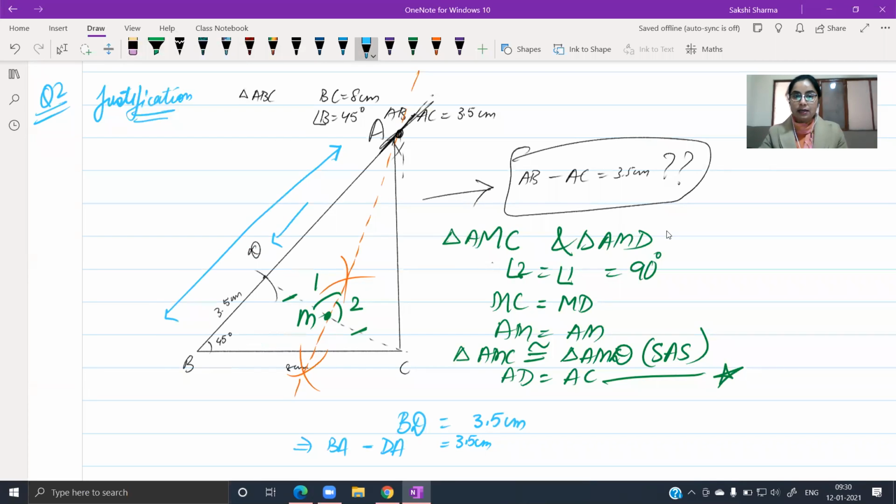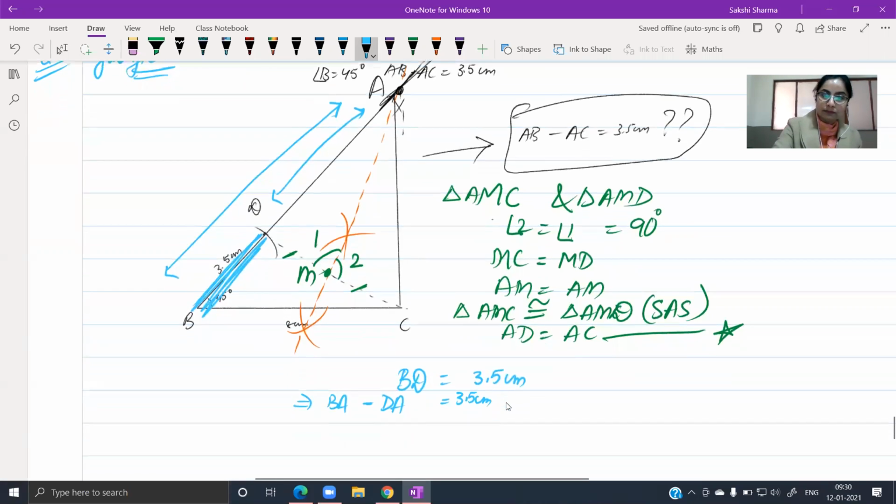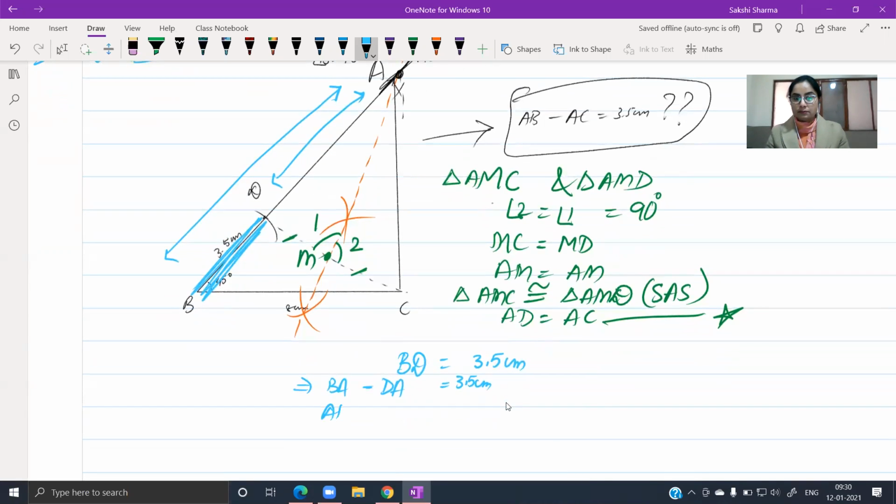BA में से अगर हम DA सब्ट्रैक्ट कर दें, हमारे पास ये सेगमेंट रह जाएगा. And now use your starred result. And this is what we wanted. We wanted AB minus AC as 3.5 centimeters. I hope it's clear.